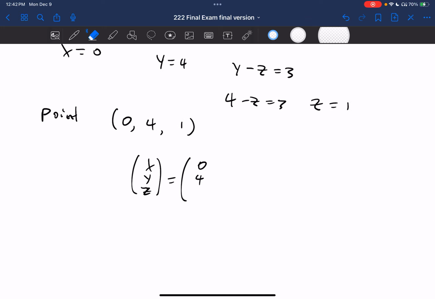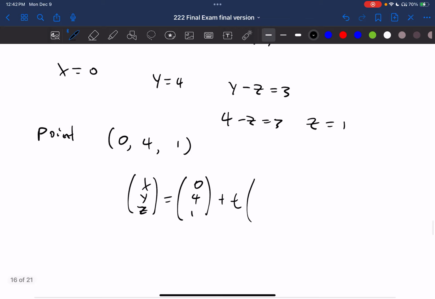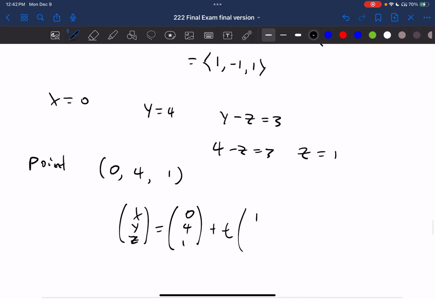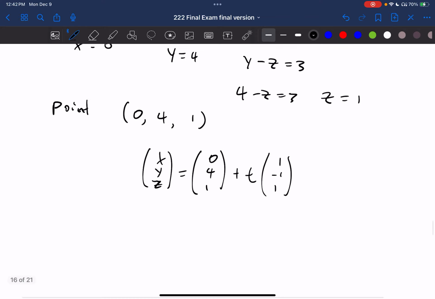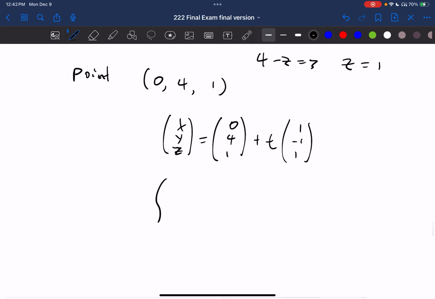I don't know why I wrote negative 1. Plus t times the direction, which is going to be 1, negative 1, 1. We can see here, x will be equal to t, y will be equal to 4 minus t, and z will be equal to 1 plus t.